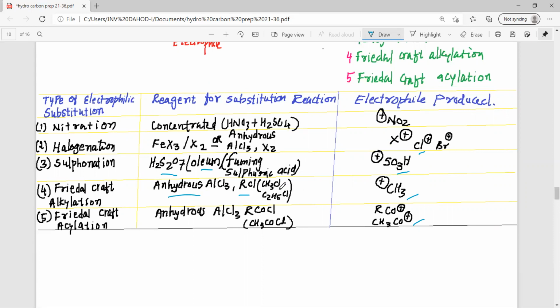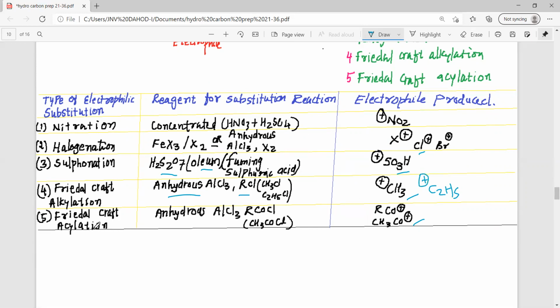If we use CH3Cl, we will get CH3 plus as an electrophile. But if we use C2H5Cl, my dear students, the electrophile C2H5 plus will be generated in case we want to produce ethyl benzene.